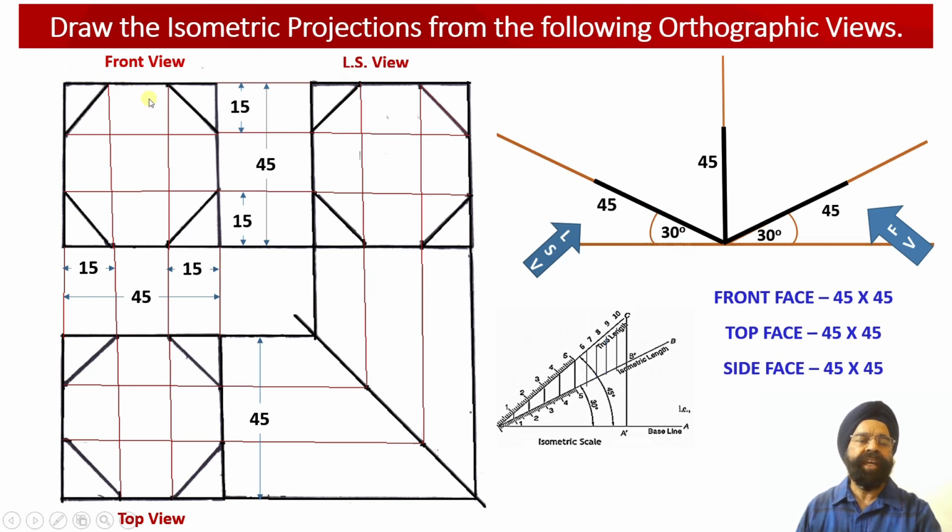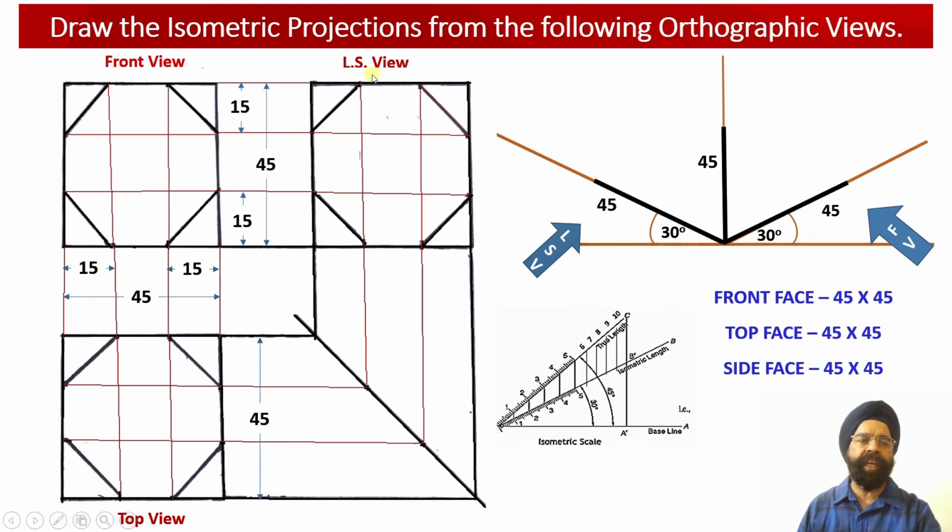So we are required to obtain the 3D isometric projections corresponding to this engineering object when the front view, top view and the left hand side view orthographic projections have been provided to us.